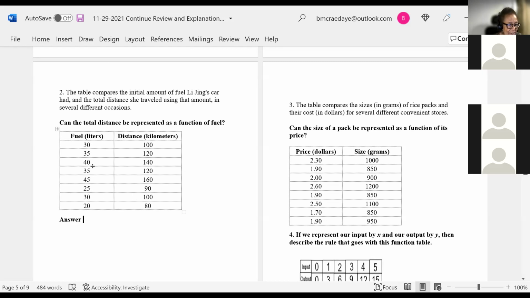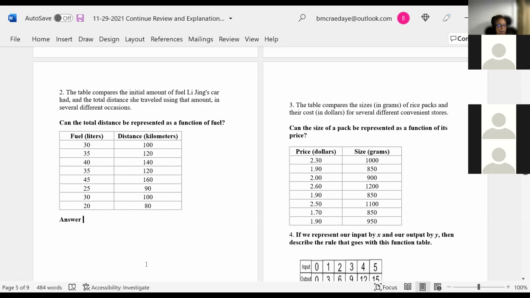So it's not different. That's okay. What else do you see there? 35 and 35. 35 maps to 120 in the table and 120 in the table. So they are the same.